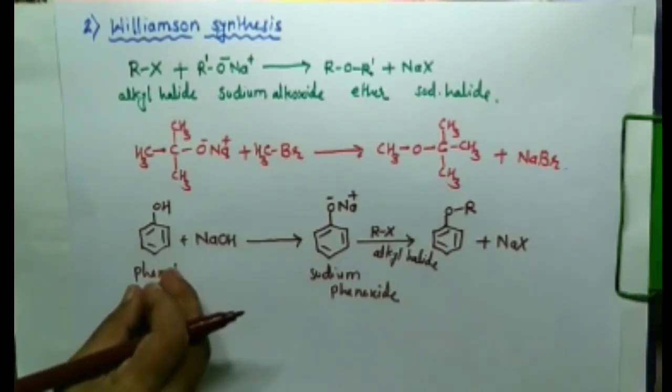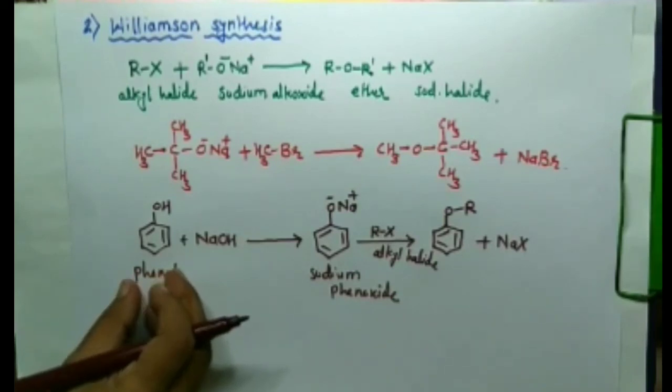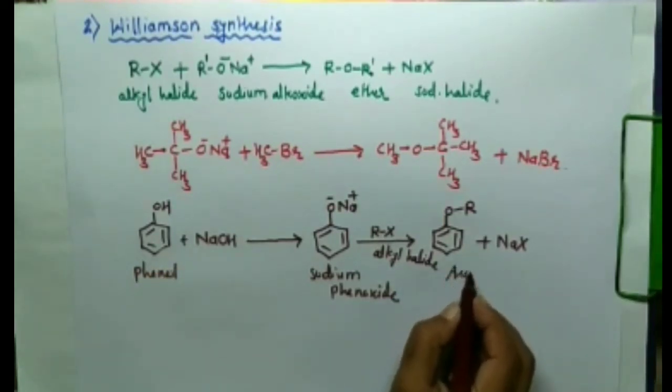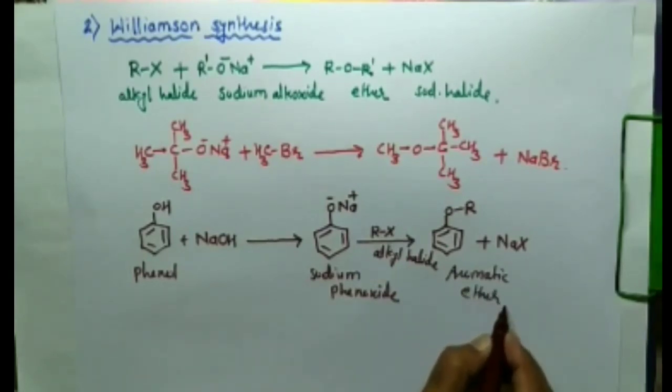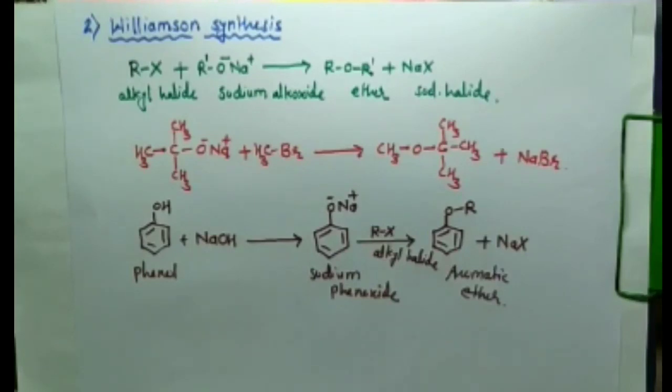With the help of this phenol, we will get here aromatic ether. So these are all the different methods of synthesis of ether from alkyl halide, from phenol, and from alcohols.